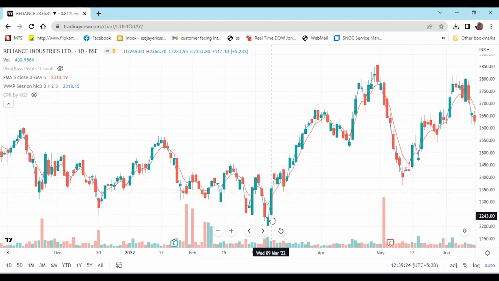So now let's say I am a retailer. I know that Reliance is a good company and I want to enter this company, and I'm just starting out. So when I'm looking at the charts, what I'm really looking at is how do I identify which swing lows and swing highs to consider as a reference?